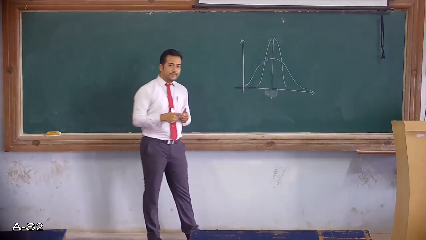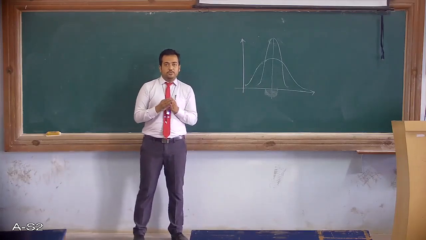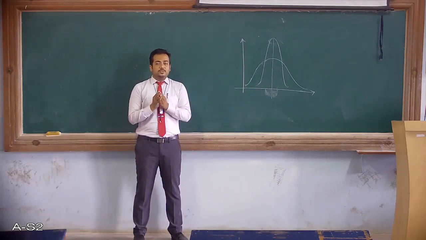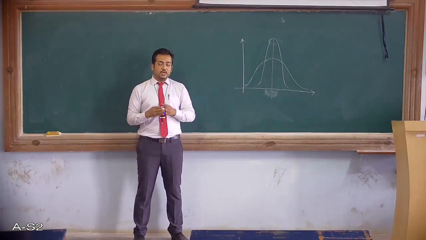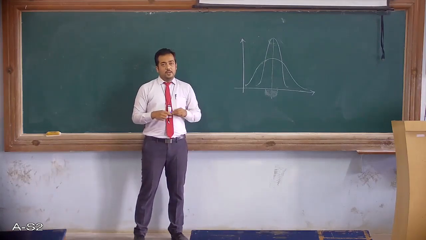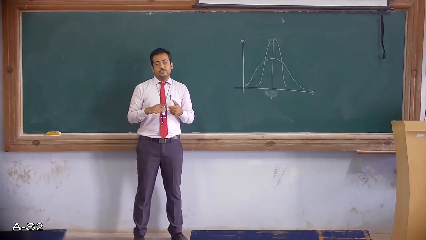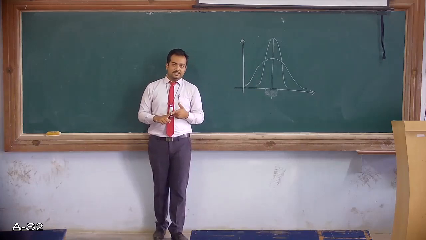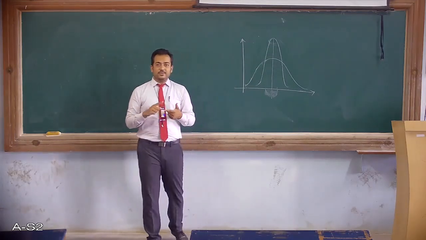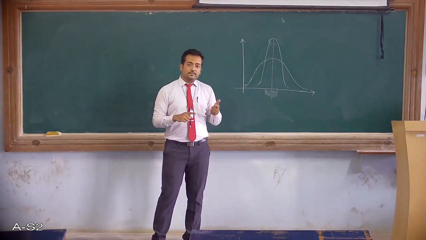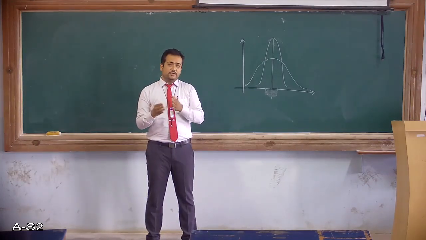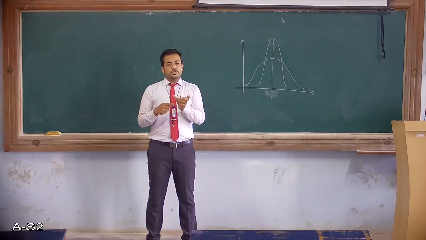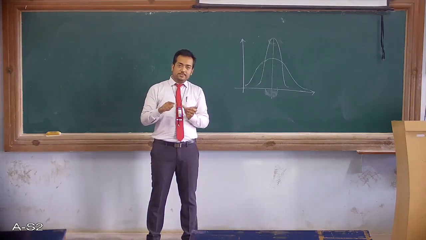Mean deviation helps you understand how values are dispersed from the mean, how far or how near the values are compared to the mean. But in mean deviation, we neglect the negative signs, so it will not tell you about the dispersion of the elements around the mean.